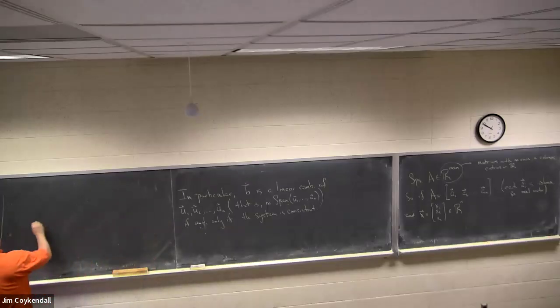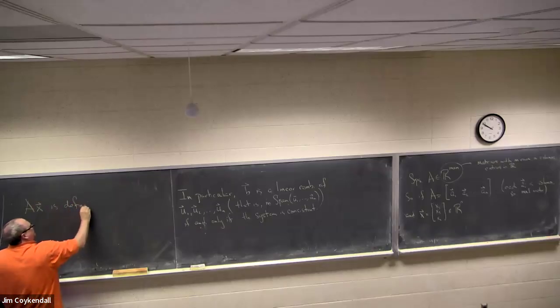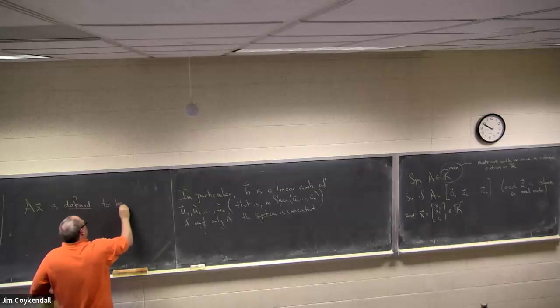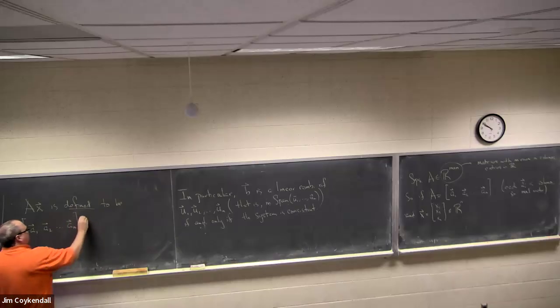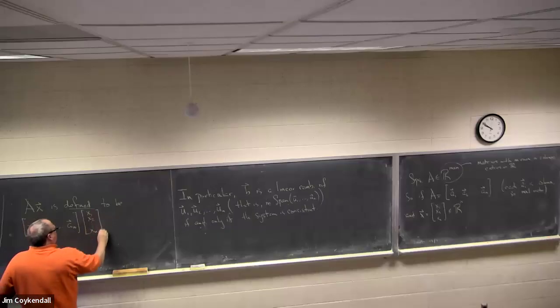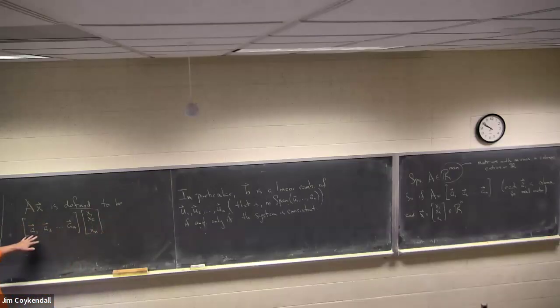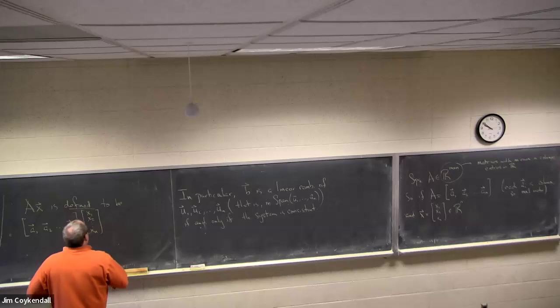Then we define, let me write this out, maybe it'll help us remember how it works. I'm going to show you a better computational way to do this as we go through this section. The way we define the multiplication, this matrix times this vector, is first column times the first entry up here.